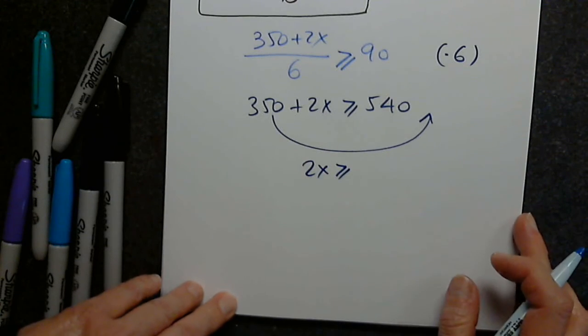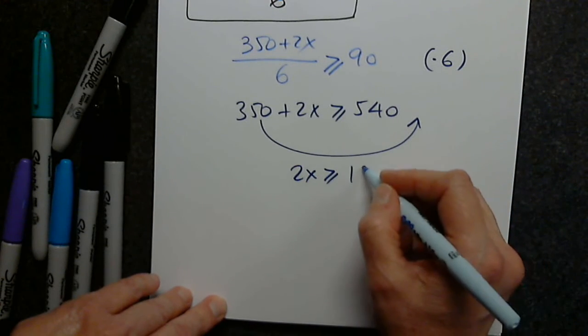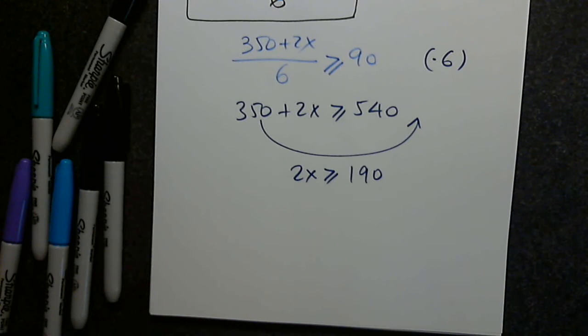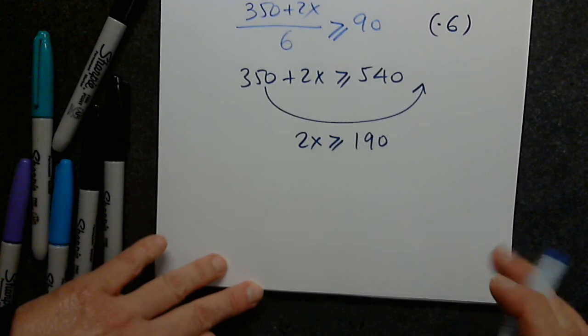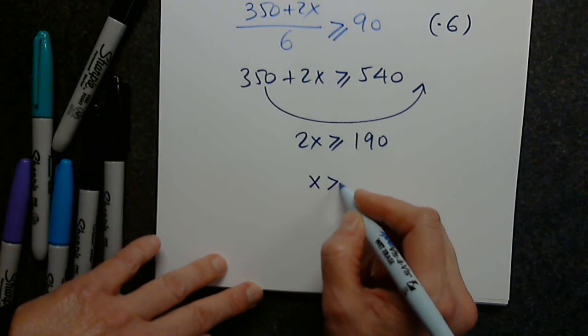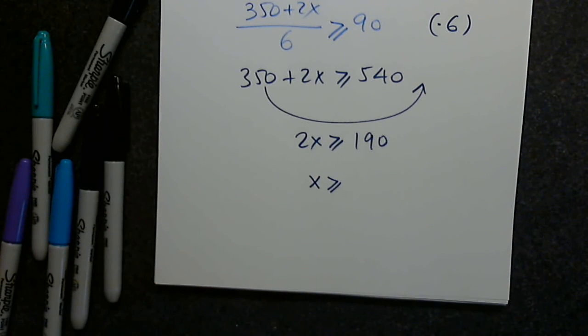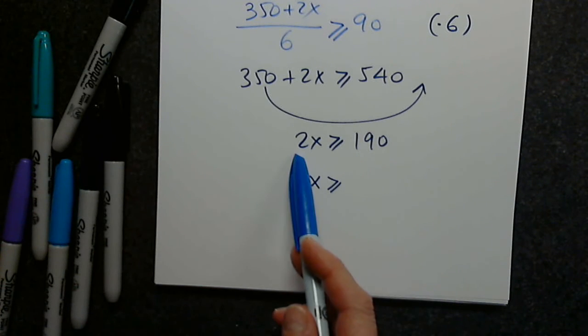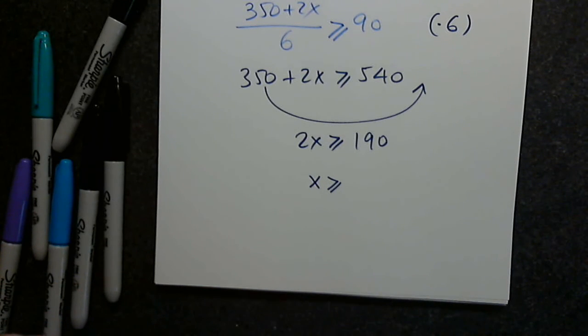So 2x greater than or equal to, is it 190? Correct me if I'm wrong. So then, what should be our final exam grade? So 19 divided by 2. Yes.